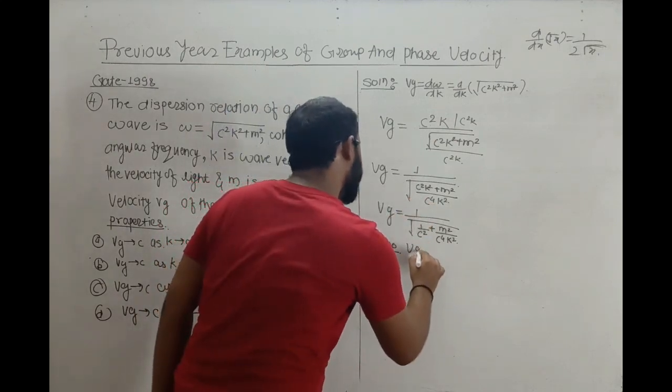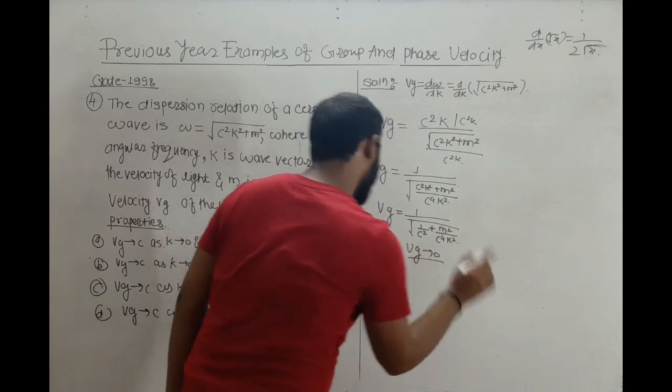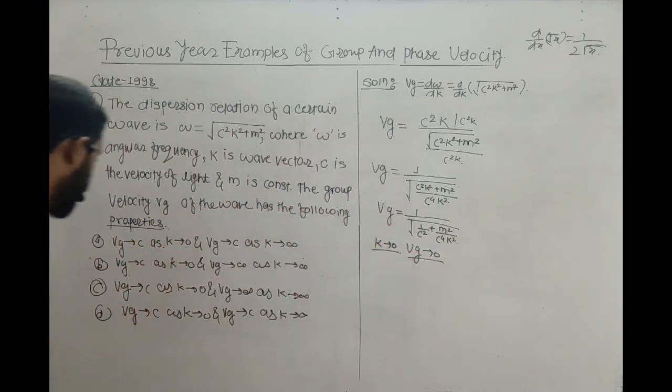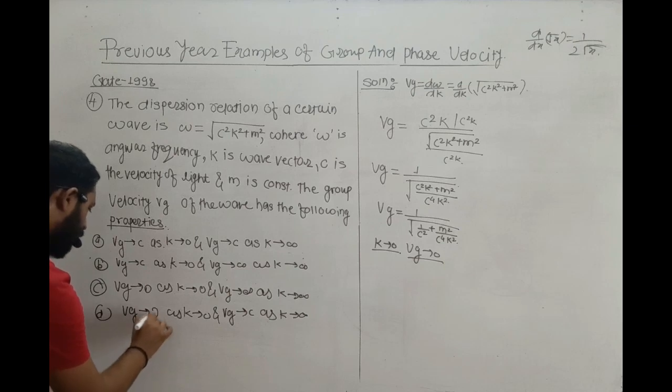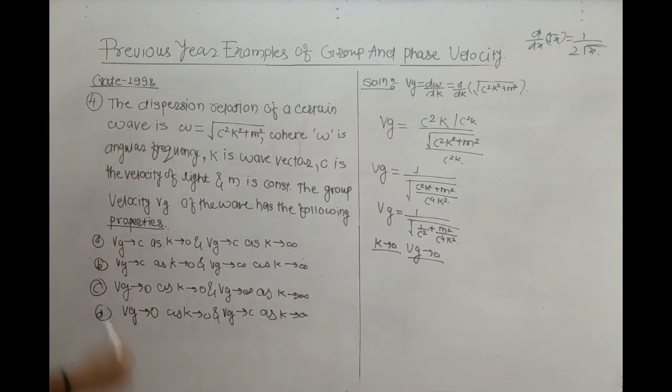That means Vg becomes 0. Okay, see which option is valid. Vg becomes 0 as k tends to 0. Okay, this is cancelled because here Vg tends to c as k tends to 0.